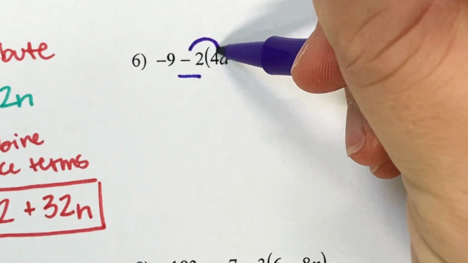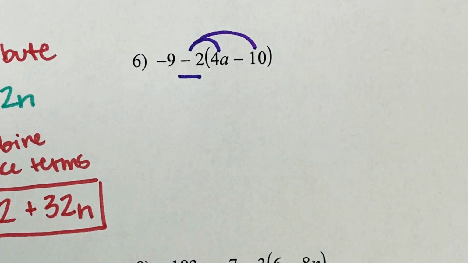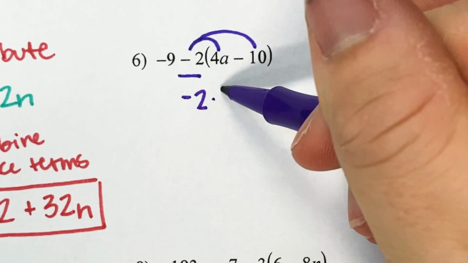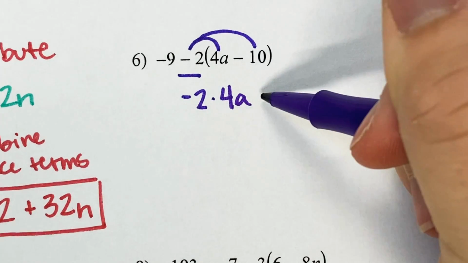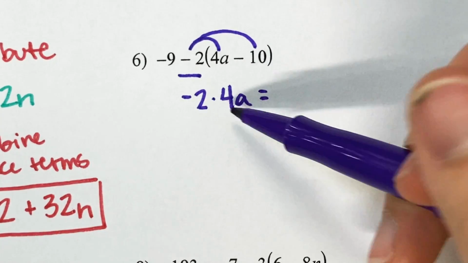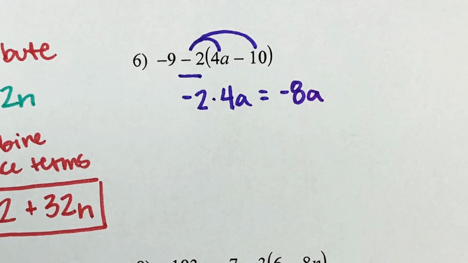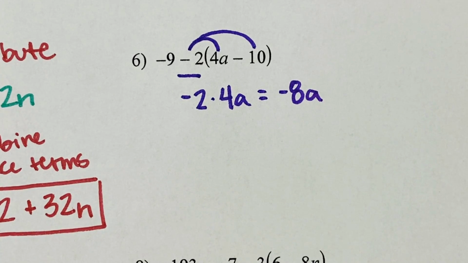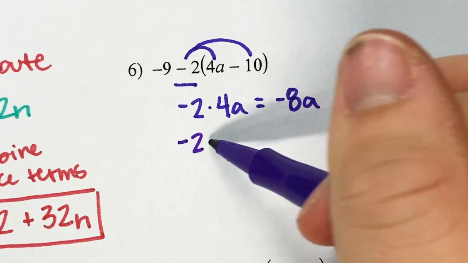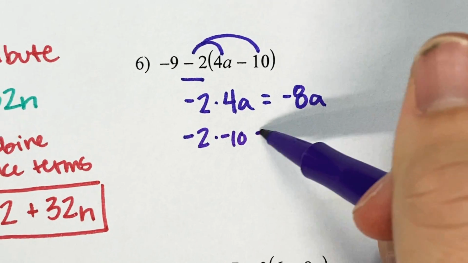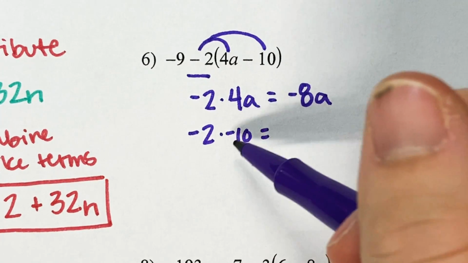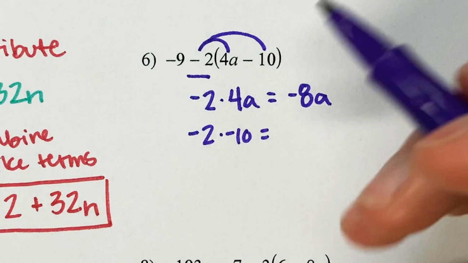-2 needs to multiply to both terms inside. So we get -2 times 4a. That's going to give me -2 times 4, gives me -8. There was 1a, so just -8a. Then I have -2 times -10, which is a negative multiplying by a negative, which gives me a positive.